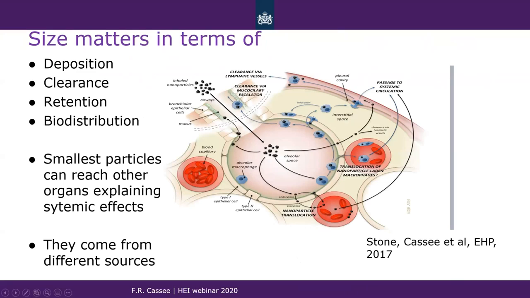The deposition, clearance, I mean, how fast are particles cleared from the alveolar spaces up to the airways, or do particles have a certain size that they can escape mechanisms like the macrophages, they can go into the bloodstream and become more available for other organs, such as the cardiovascular system, or translocated to other organs, such as the brain.